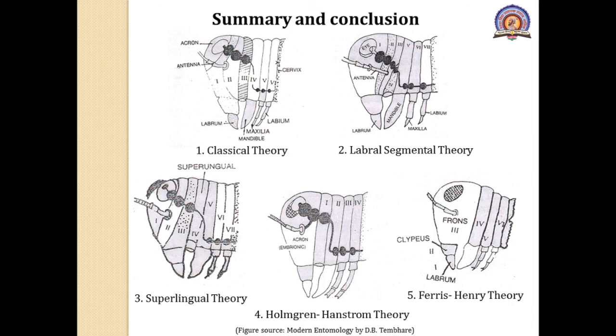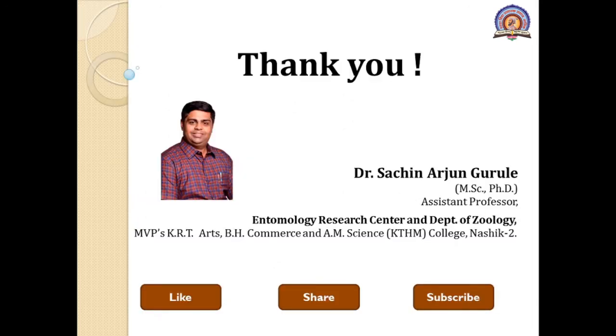Each and every theory has some significance and some drawbacks, but still of all these theories, the classical theory of head segmentation is widely accepted by most of the prominent entomologists, and according to this theory, the insect head is composed of 6 segments, 3 segments contributing the procephalon part and 3 segments contributing the gnathocephalon part. So this is about head segmentation in insects.